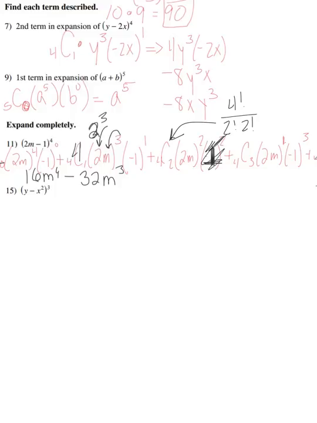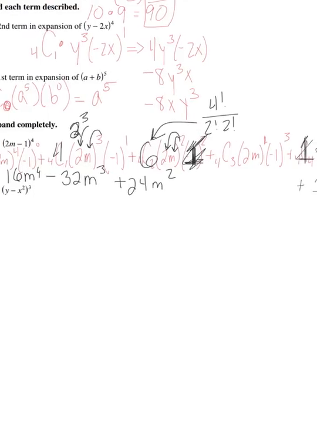But you actually did that yesterday, and it turns out to be just a plain old 6. And this 2 exponent gets applied to both terms. So 6 times 2 squared, or 6 times 4, which is positive 24m squared.